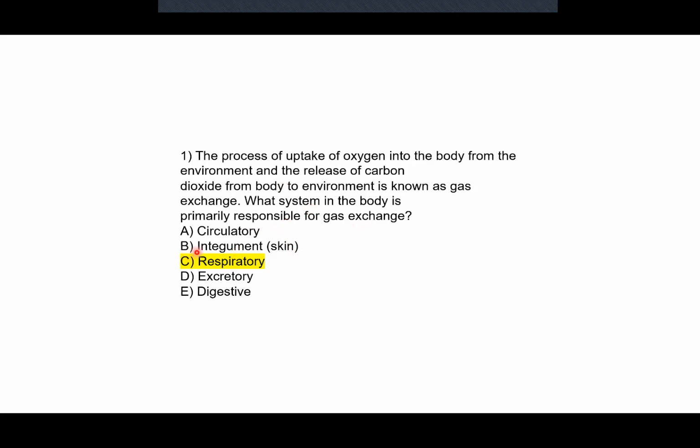So you know right off the bat that it's not going to be B, D, or E. But which one is involved in gas exchange? And that's the respiratory system. The circulatory system is responsible for circulation of oxygen throughout the body, but the respiratory system exchanges oxygen in and carbon dioxide out. And I'm hoping to talk more about strategies to get the right answer for these different questions as we move forward.